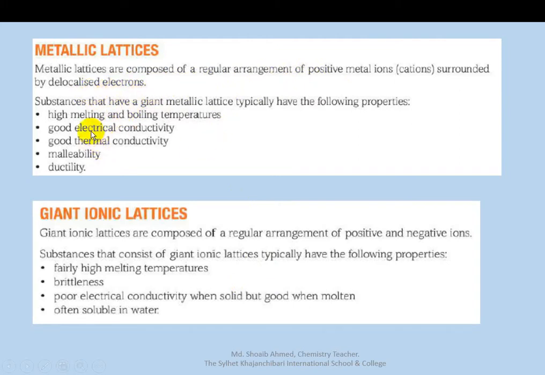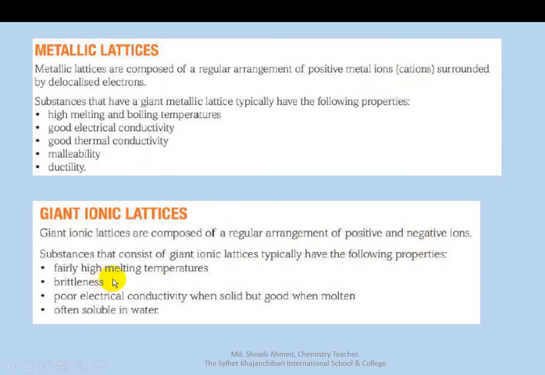Metallic lattices have high melting and boiling points, good electrical and thermal conductivity, malleability and ductility. Now the giant ionic lattice: it is composed of a regular arrangement of positive and negative ions, whereas a metallic lattice is metal ions surrounded by delocalized electrons.